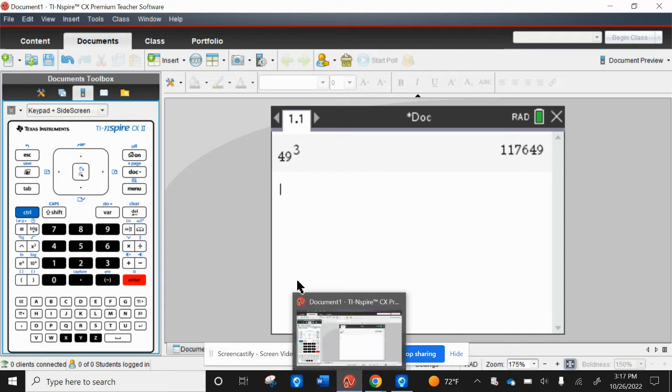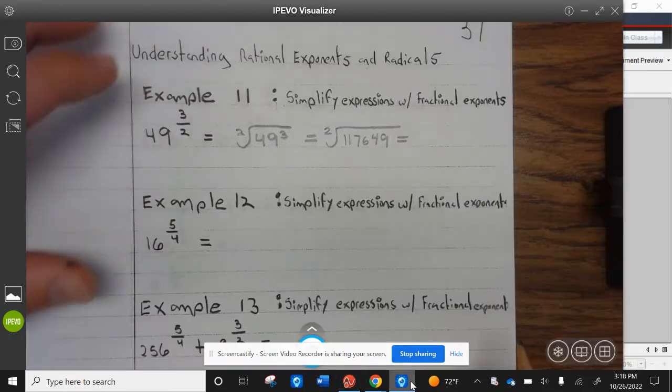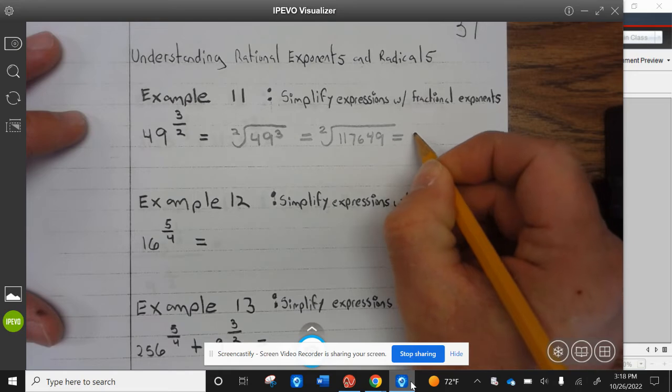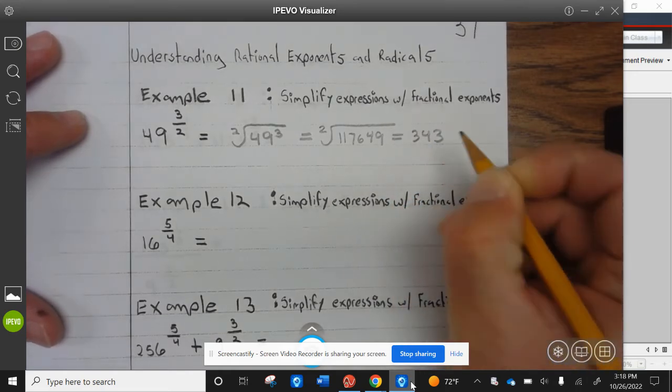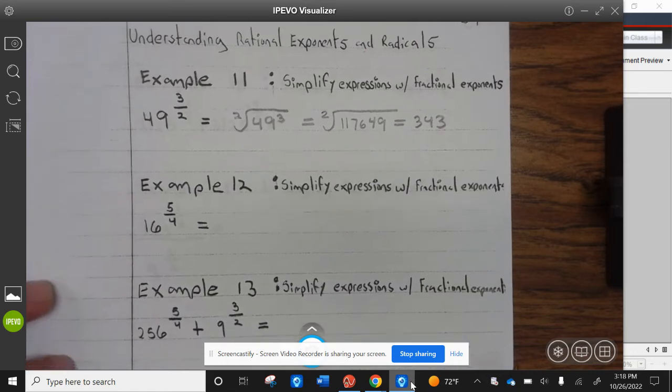Okay, so then we're going to do control 2 of, and we can actually copy that number, press enter, so that equals 343. So the square root of this equals 343. All right, let's take a look at the next example.